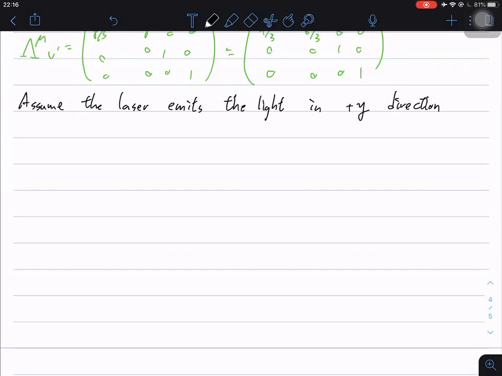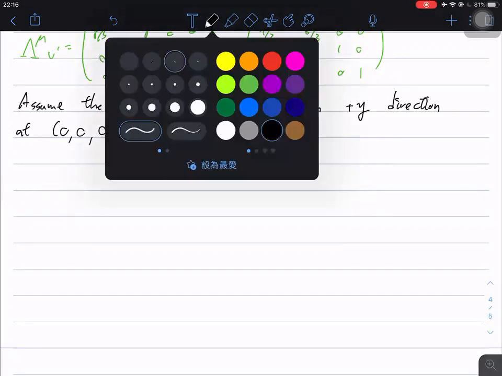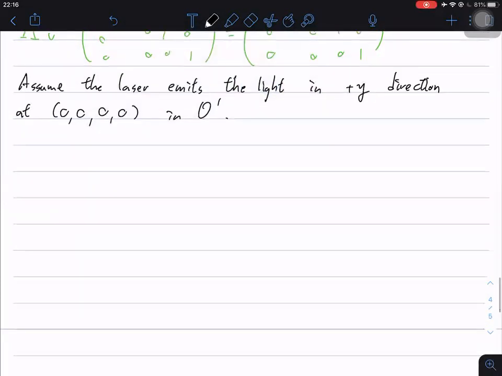So let's say he emits the light in plus y direction, right at the origin, so at 0, 0, 0 in the O prime frame, because the passenger is on the train, right? So plus y direction in O prime frame.